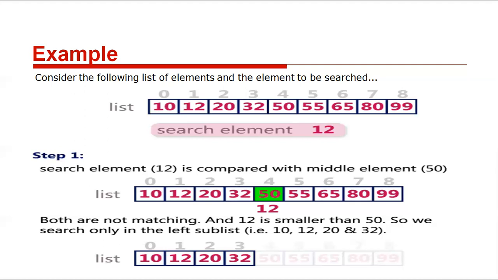So what is the bottom element? 3. 0 plus 3 is 3, by 2 equals 1. Clear?